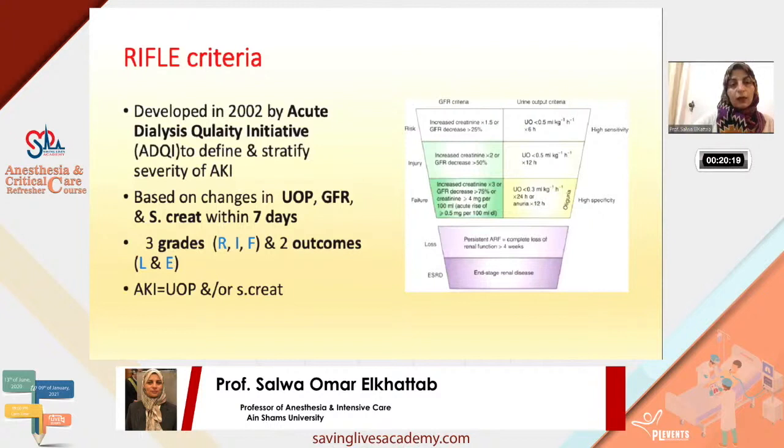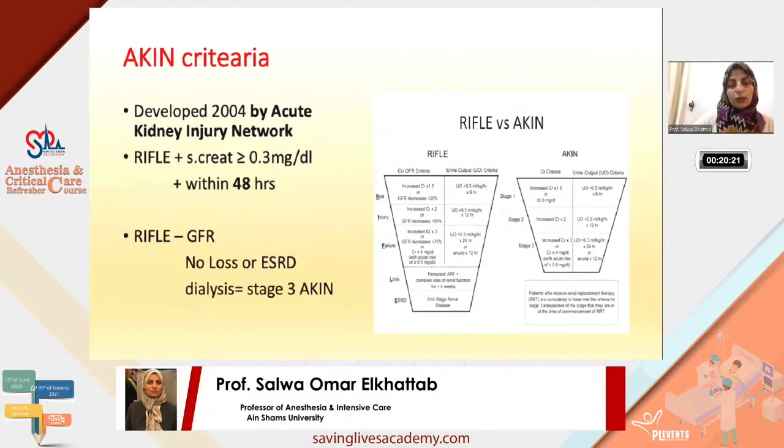Later on, the Acute Kidney Injury Network published another criteria. It's not like RIFLE, identifying risk, injury, failure, but rather stages: stage 1, 2, 3. Failure in RIFLE comes as stage 3 in the Acute Kidney Injury Network. It is similar to RIFLE in some items and differs in others. Here the duration to diagnose is 48 hours instead of 7 days in RIFLE criteria.